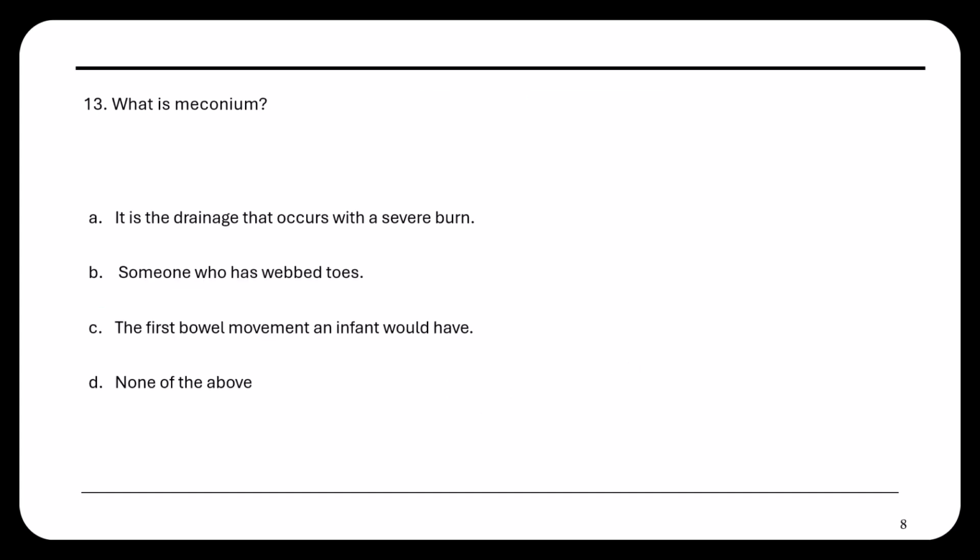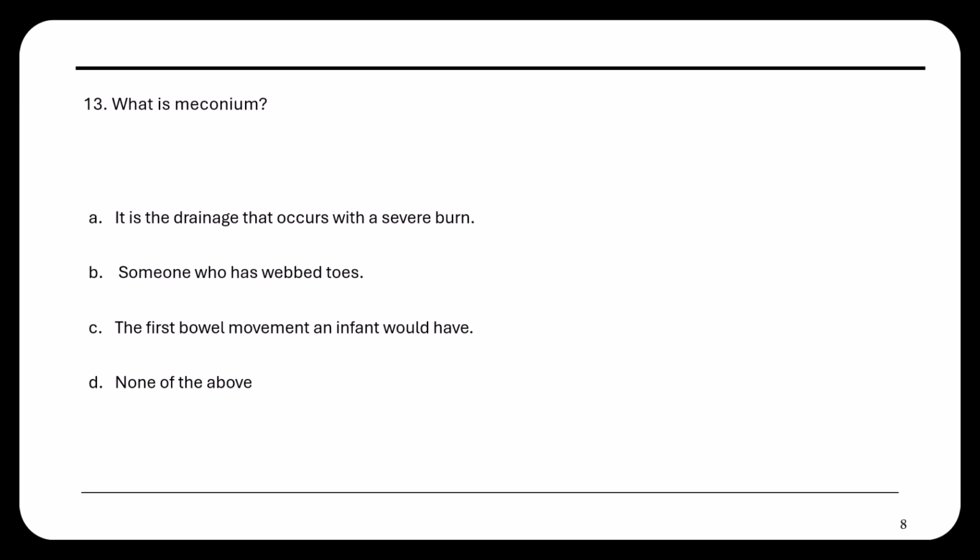What is meconium? Now, there's not much on keywords. I mean, we have to look up meconium. You are going to have questions on these tests that are medical terms, anatomy, physiology, and you may not remember. So what do I do when I look at something and I can't remember what it is?